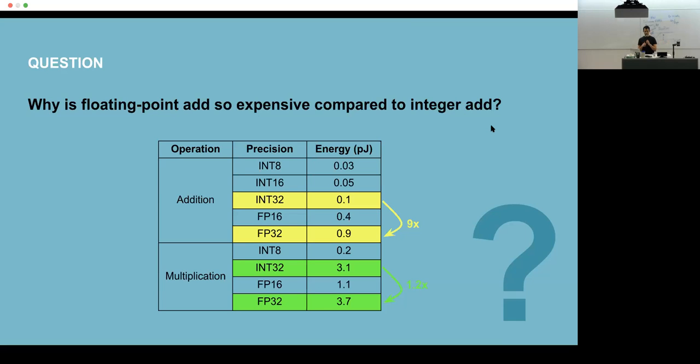But I think people are touching upon the crux of the matter, which is that when you're doing floating point arithmetic, you're not just multiplying two mantissas. You also have to play around with the exponents. And actually, when you add two numbers in floating point, you need to first align the mantissas, so you need to align the exponents.